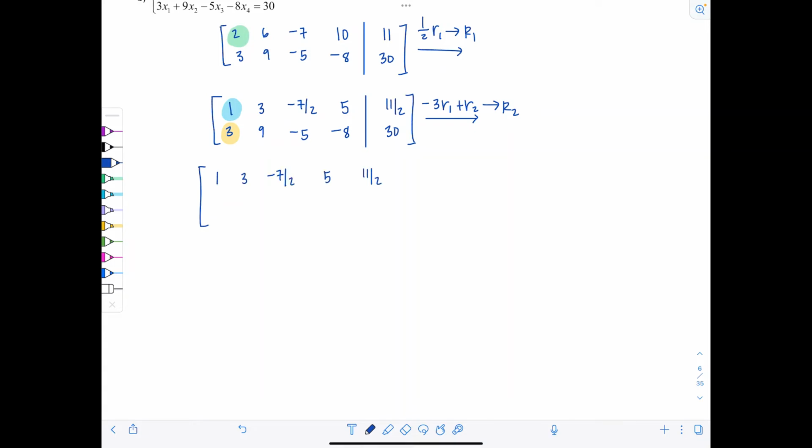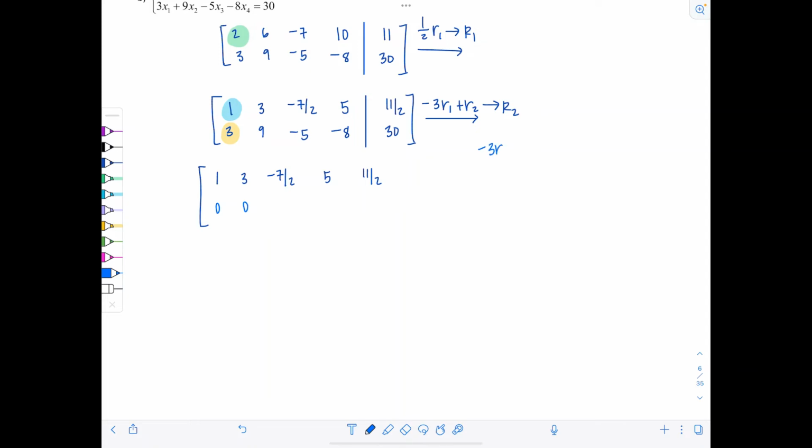And then my new row 2, we can do this in our head. So negative 3 plus 3 is 0. Negative 9 plus 9 is also 0. Negative 21 over 2. Oh, but I'm multiplying by negative. So positive 21 over 2. Let me write this out for you guys. Okay.